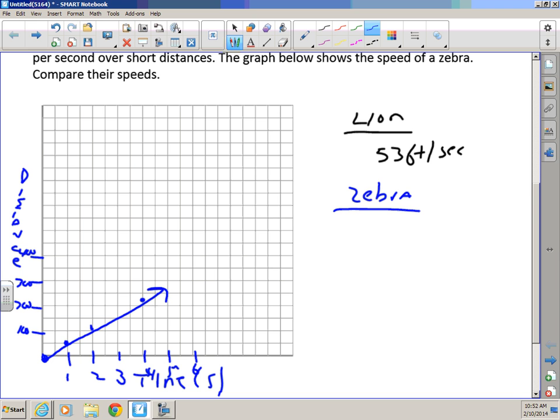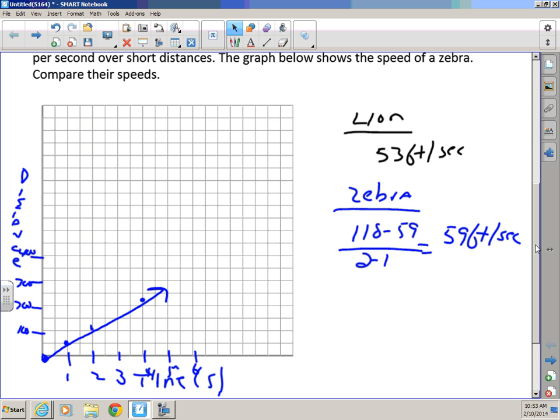After 1 second, he's gone 59 feet. After 2, 118. So you should see that his rate of speed, if I were to do 118 minus 59 over 2 minus 1, is he's going 59 feet per second. Okay? That's how we use the graph to figure out the different rate of speed.